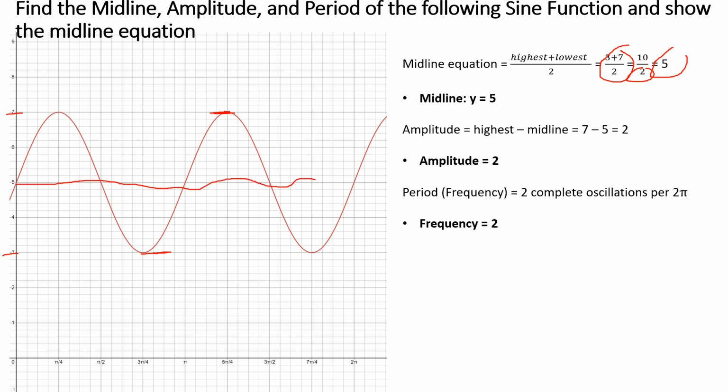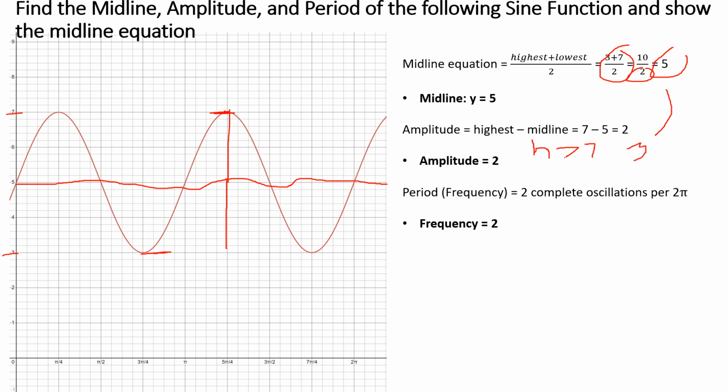Right? My line's not straight. We'll pretend it is, though. So this is the distance when the midline is there to there, and then we can find our amplitude. I could manually measure it, or we can use the equation. The amplitude is from the highest to the midline, or actually the lowest to the midline, and it is an absolute value here. My highest equals 7. My midline, we just learned here, is 5.